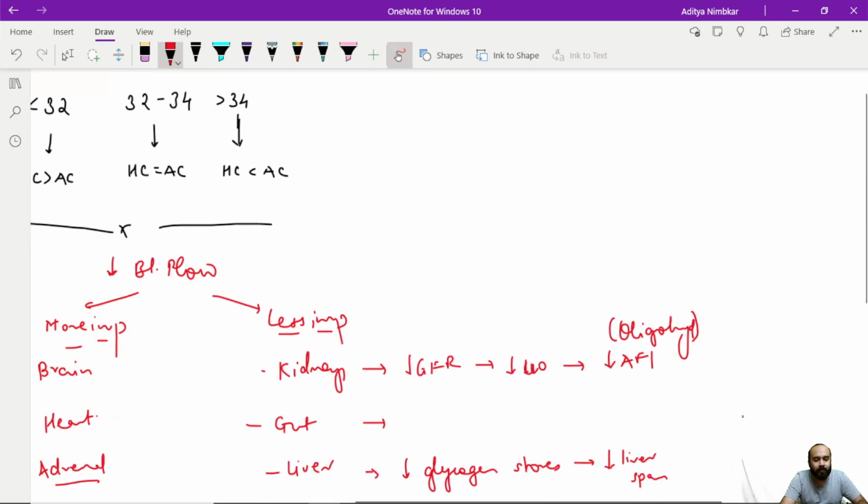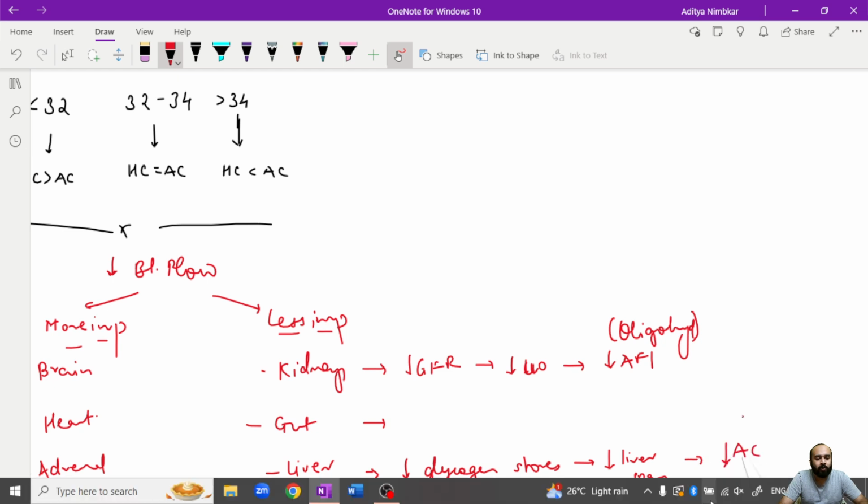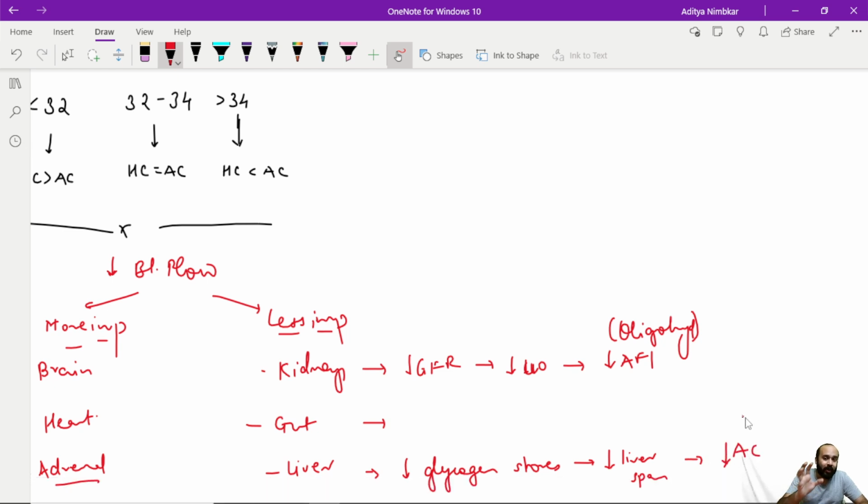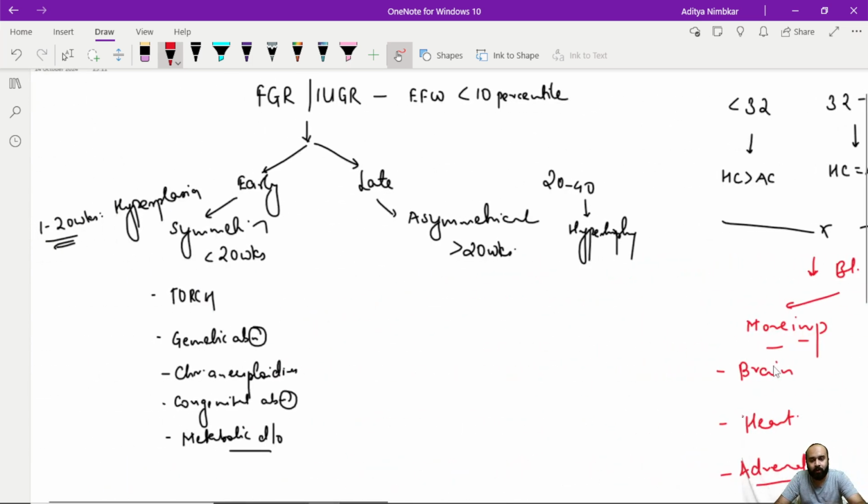When the liver span or the size of the liver reduces, automatically the abdominal circumference also reduces. This is what actually explains why the abdominal circumference is less than the head circumference in a baby with asymmetrical FGR.